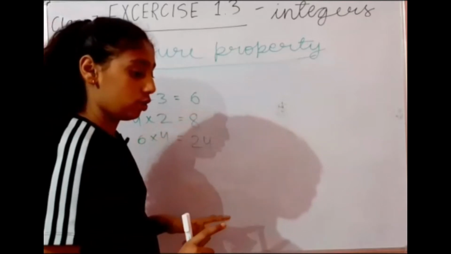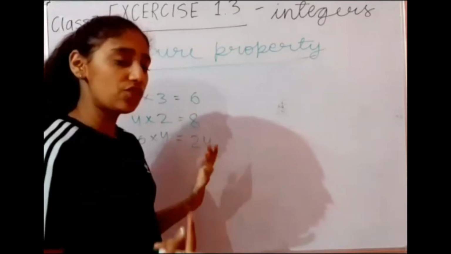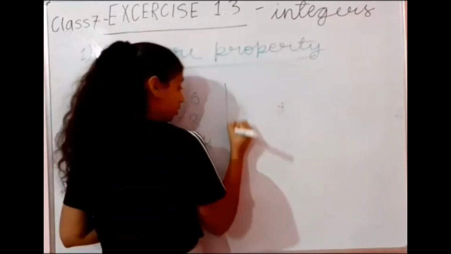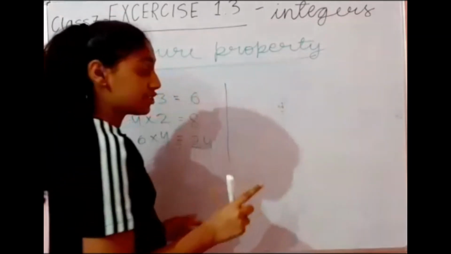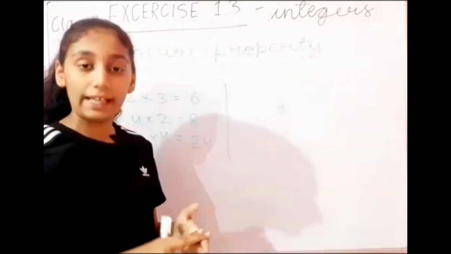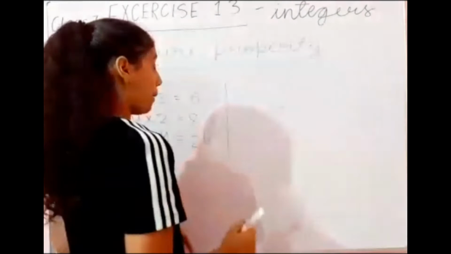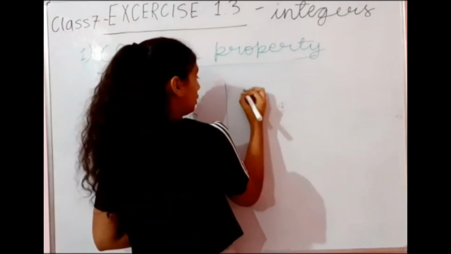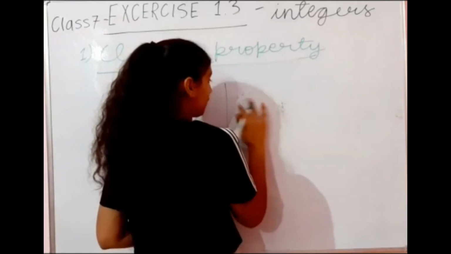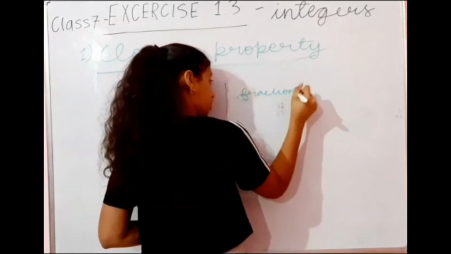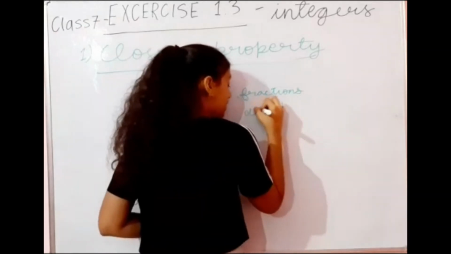Now let me tell you which numbers are not integers. Integers have positive and negative numbers with 0, but the numbers that are not integers are the fractional numbers, fractions, and the ones with decimals.